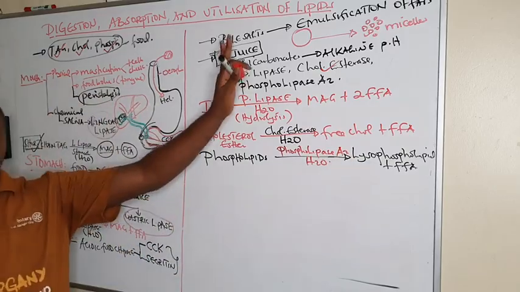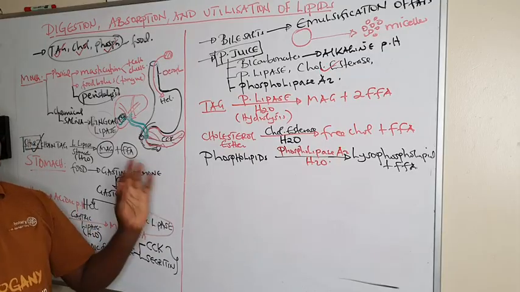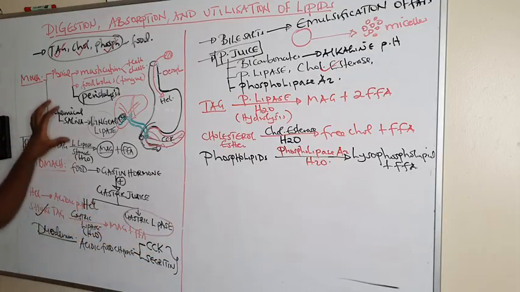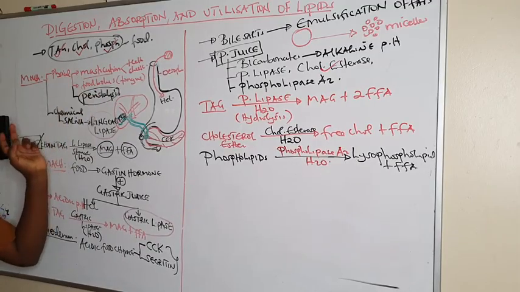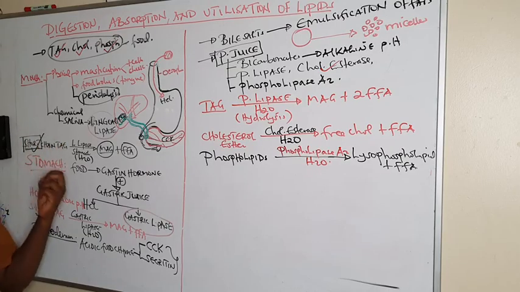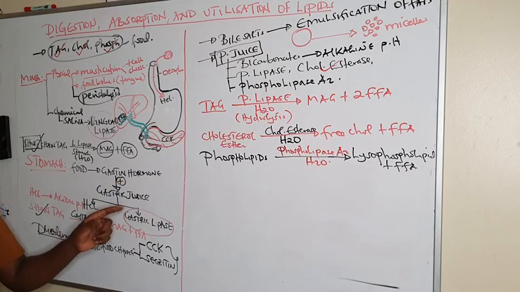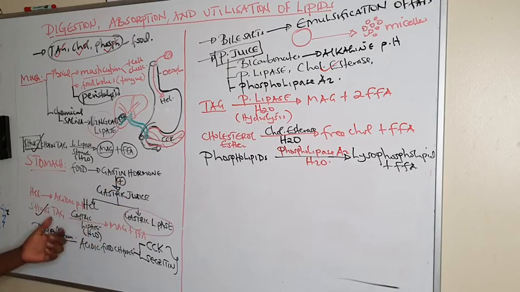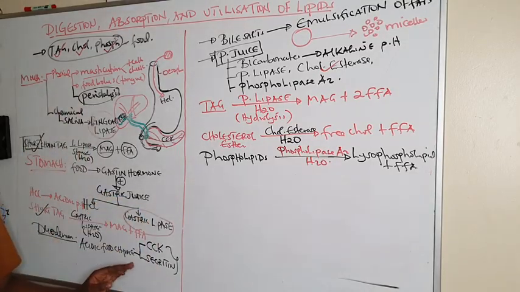And this one will mark the end of digestion. So under digestion, we have seen in the mouth, apart from chewing and rolling of the tongue, we have lingual lipase acting on the short chain TAGs. In the stomach, we have seen there is production of gastric juice, which contains HCl that provides acidic media, together with gastric lipase that breaks down short chain TAGs to monoacylglycerol and free fatty acids.